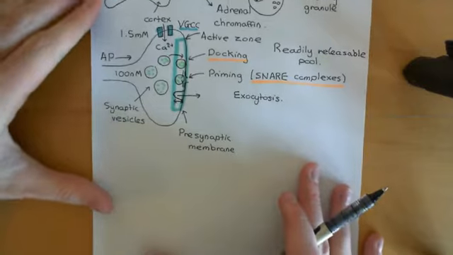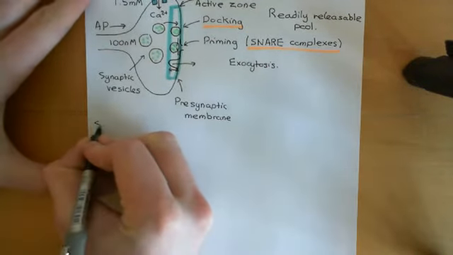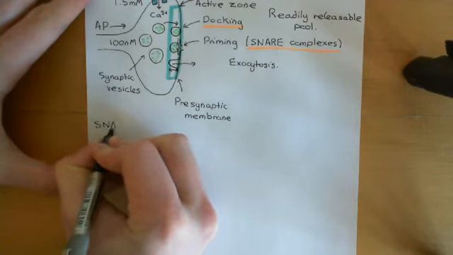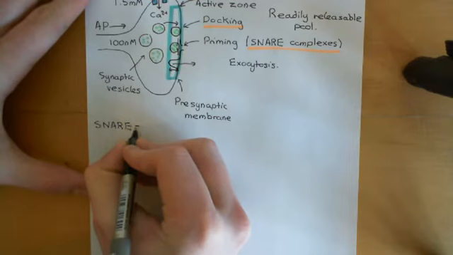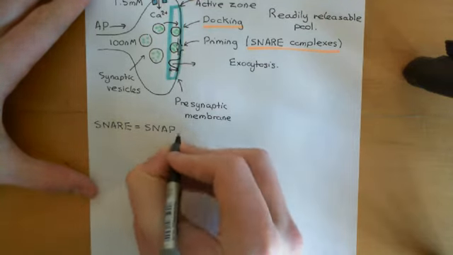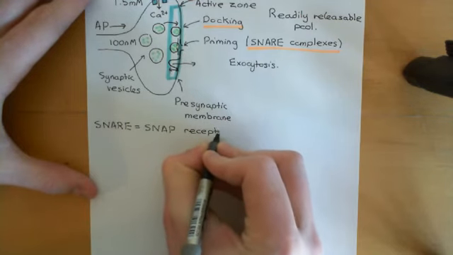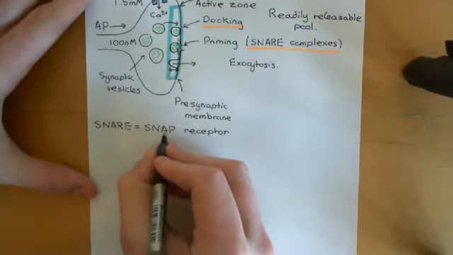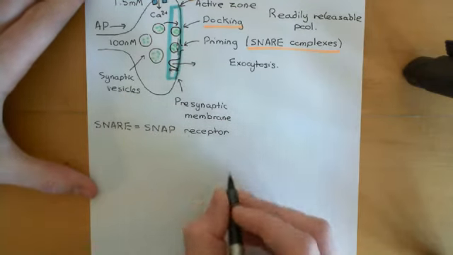Right, okay, so let's start off with what actually is a snare protein. Firstly, what does SNARE stand for? Well, it stands for SNAP receptor, and there really is some horrible nomenclature here, so we'll go through this nice and slowly. The SNA is for the first three letters of SNAP, and then the RE is for receptor.